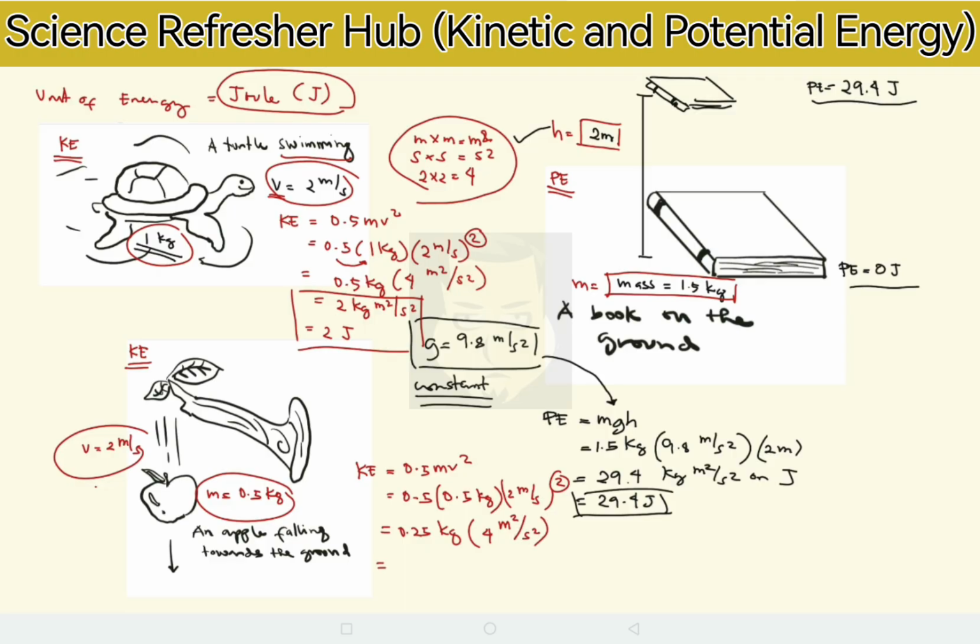So 0.25 times 4, we have 1. And then just multiply the unit, kilogram meter squared, and then second squared. Or we can say 1 joule. Once and for all, kilogram meter squared per second squared is just another way to write joule, or J.